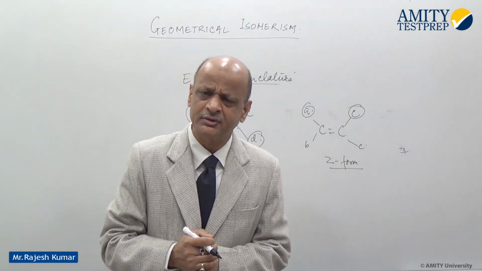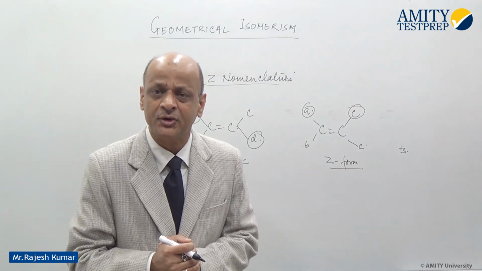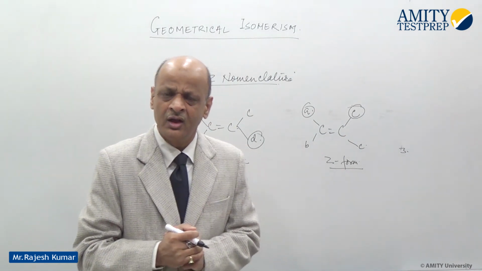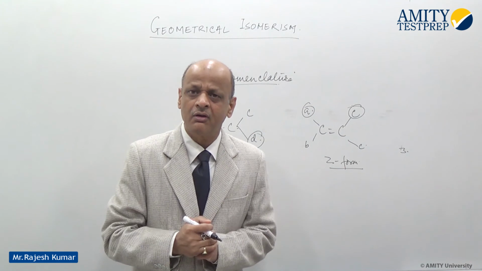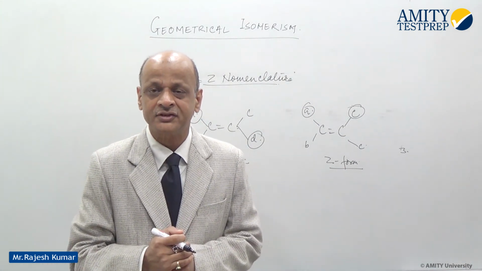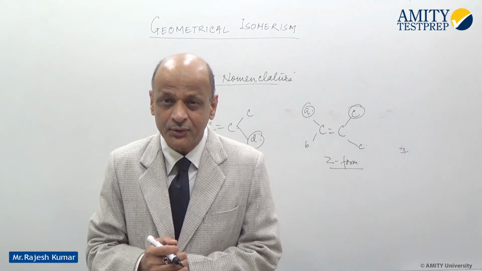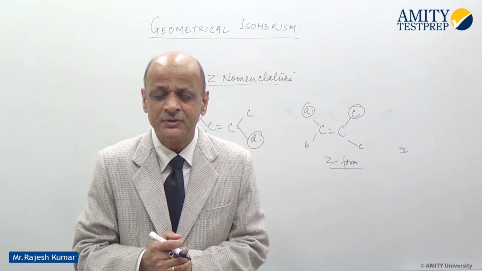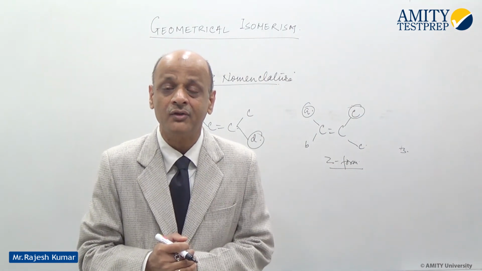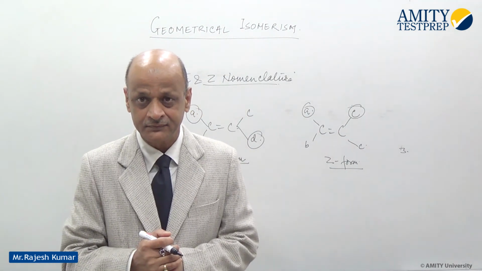Now we will discuss how to decide which one is the more preferential group on each carbon atom. For this, Cahn, Ingold and Prelog suggested some rules. This is called the CIP rule, which follows the following points.